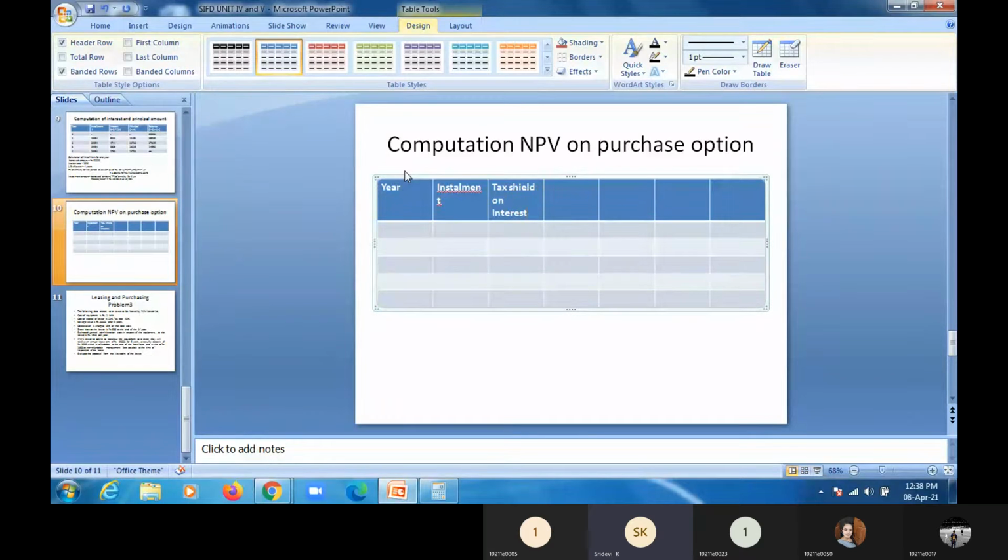How much tax exemption they are getting, that you take as a column. And depreciation, because this is an asset purchased, you will have depreciation. That was given, depreciation was given on straight line basis 15%. So 15% of depreciation you can calculate.